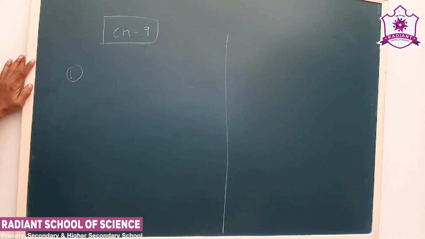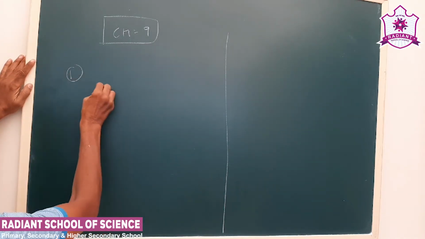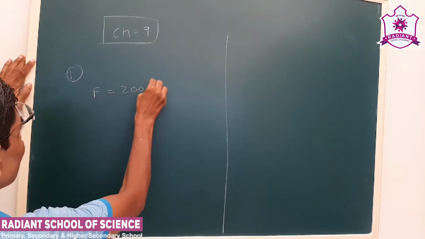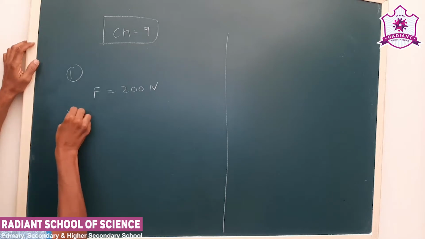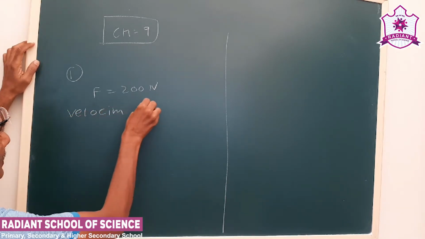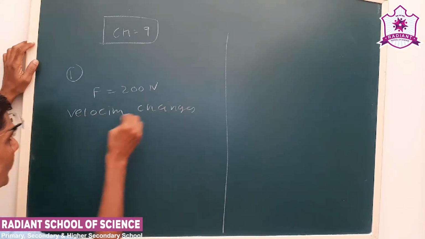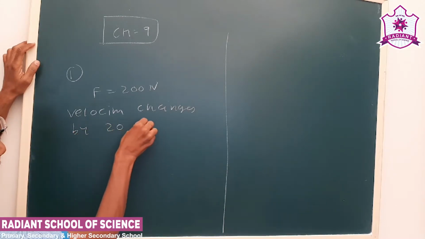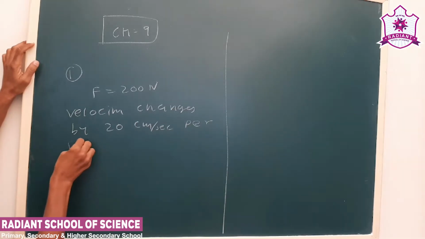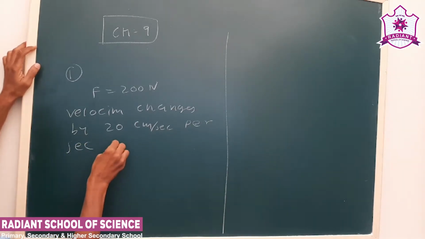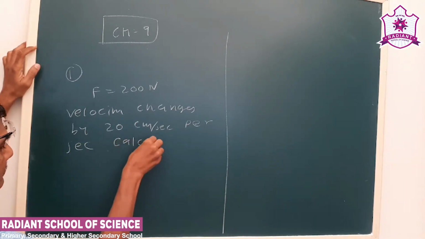See, a force of 200 Newton acts on a body, and the velocity changes by 20 centimeter per second. Calculate the force acting on it.